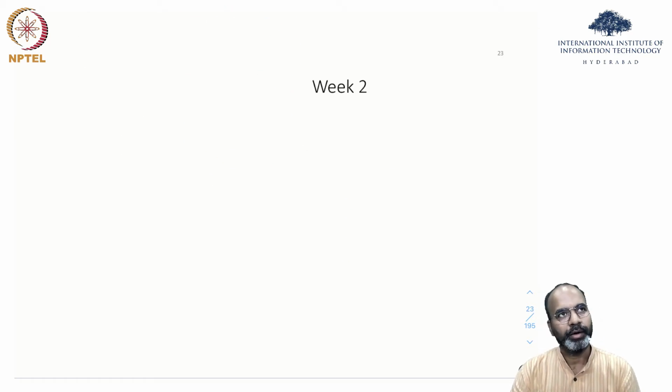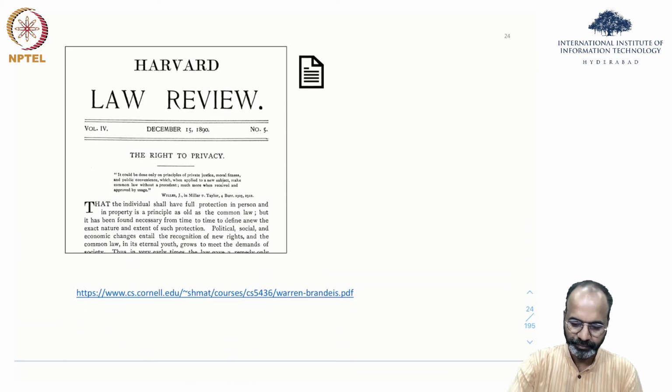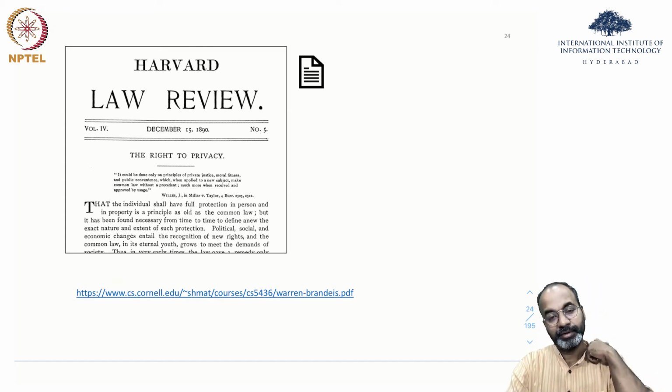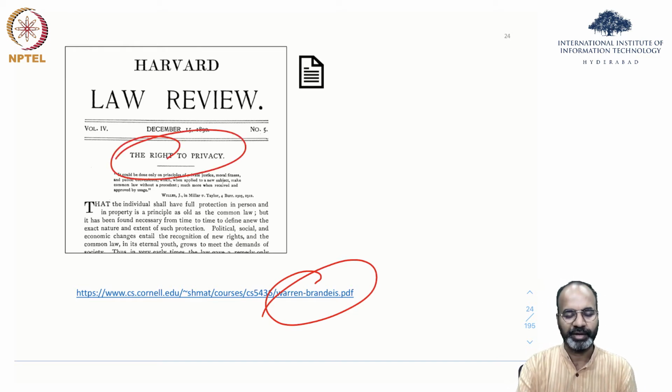That was week 1. I think week 1 was very effective in terms of getting all the new concepts done as part of week 1 itself. Week 2. Week 2 went on to look at theoretical definitions of privacy, right? So this one is the Warren and Brandeis document, which talks about the right to privacy.